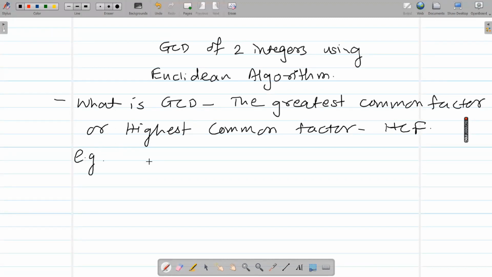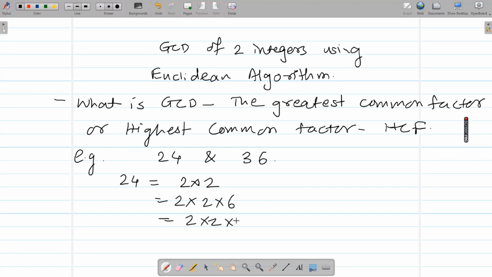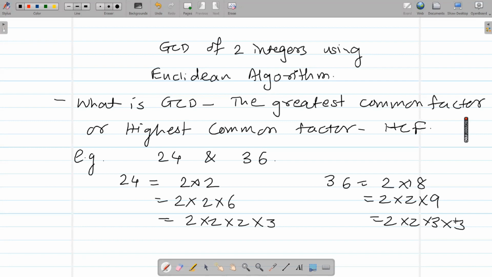For example, if I consider two integers 24 and 36, and I want to find out the GCD of 24 and 36, then we would factorize them like 24 as 2 into 12, 2 into 2 into 6, 2 into 2 into 2 into 3, and 36 as 2 into 18, 2 into 2 into 9, 2 into 2 into 3 into 3.